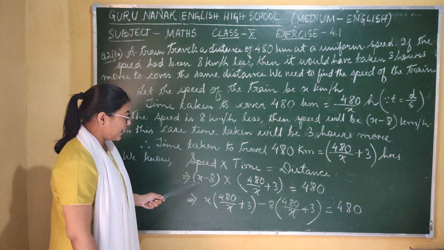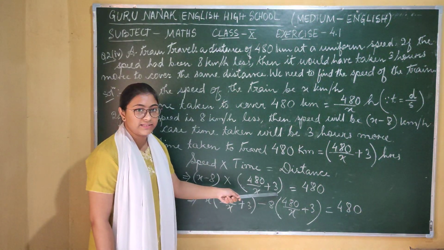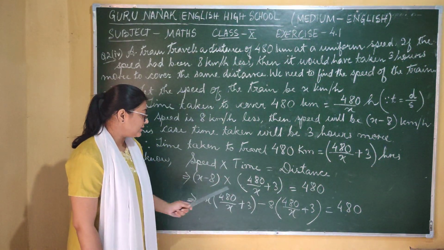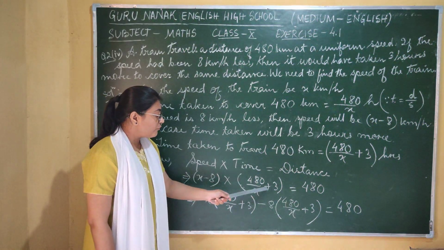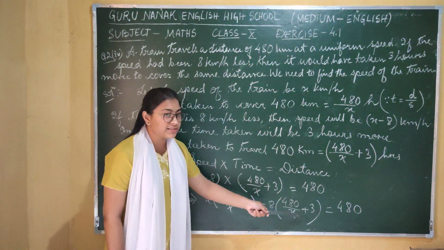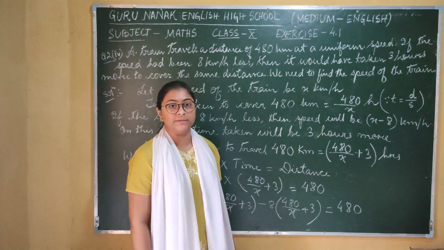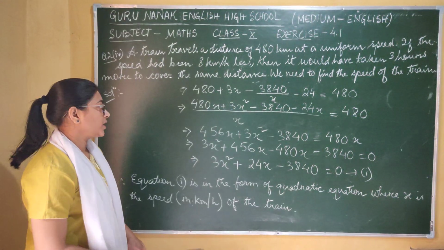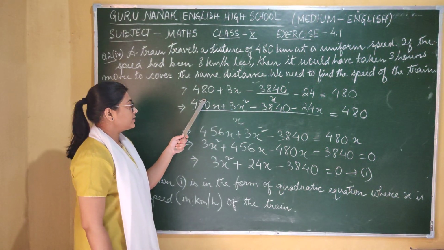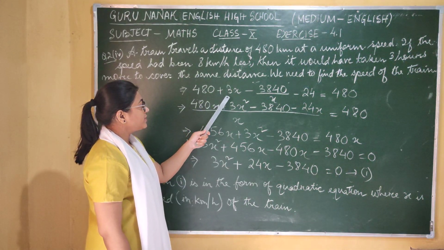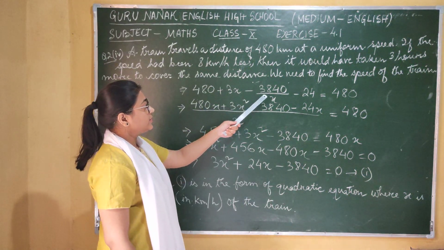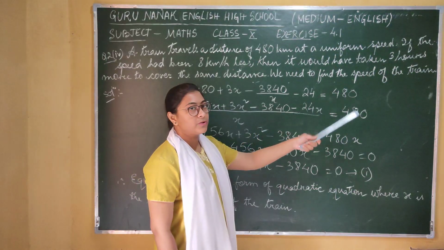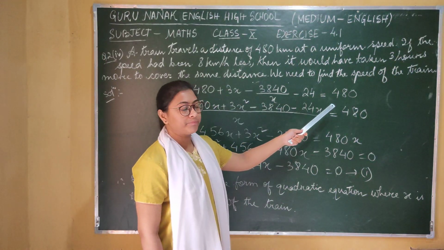First we will multiply x with 480 by x plus 3, minus 8 into 480 by x plus 3 equals to 480. So let us see the solution. So 480 plus 3x minus 3840 by x minus 24 equals to 480.